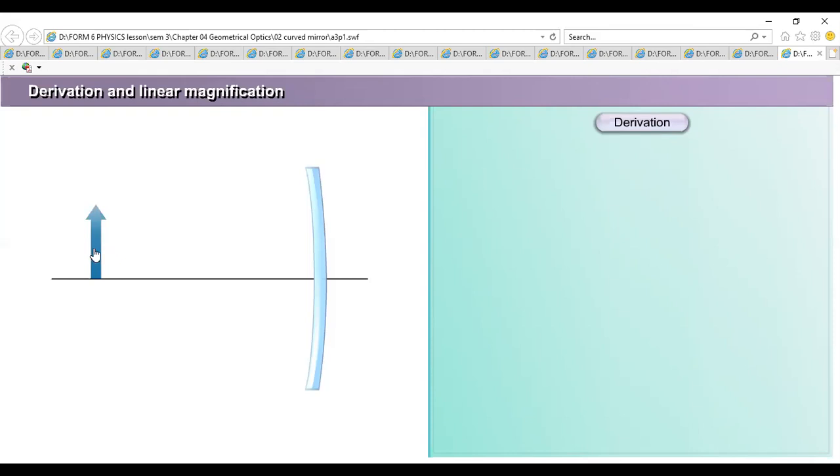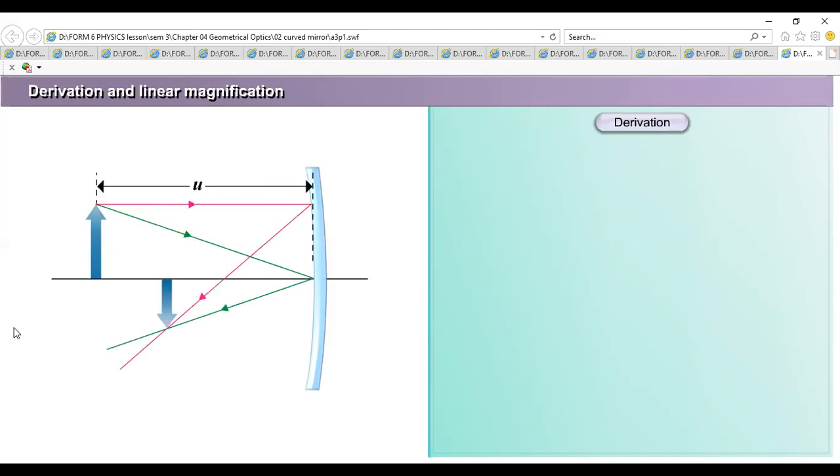Let's look at the image formed. Now we notice that the image is shorter than the object. Meanwhile, the image is smaller than the object.